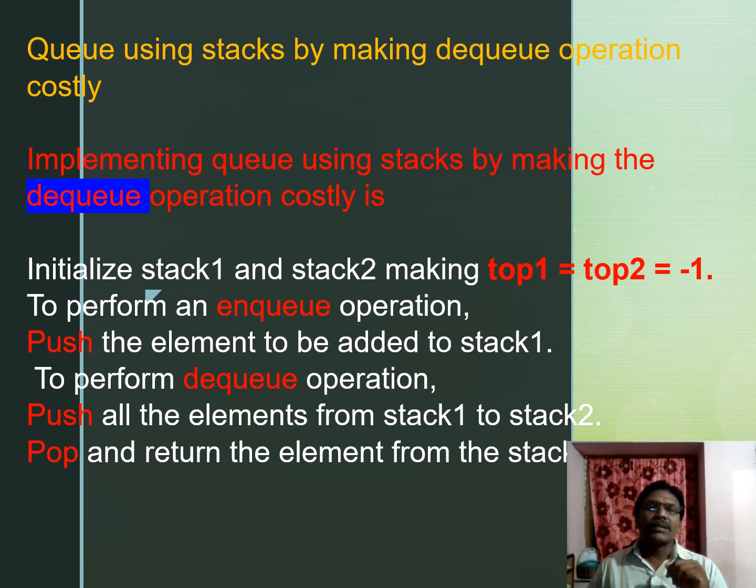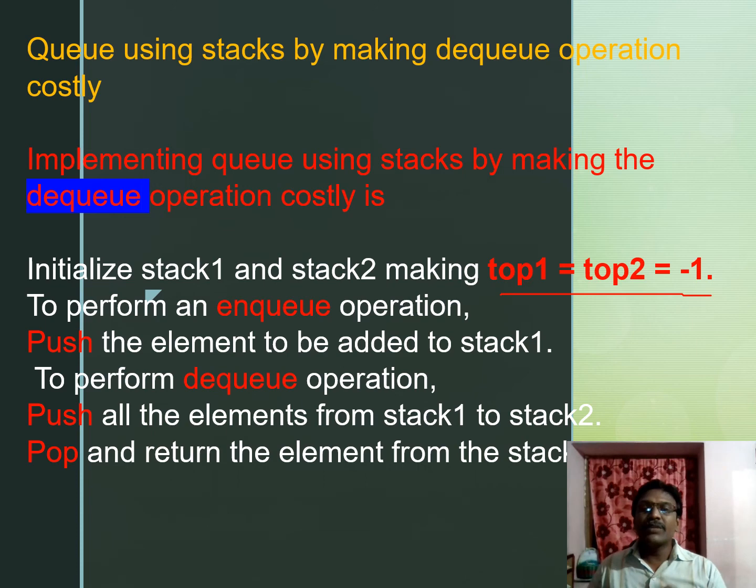Another way is queue using stack by making the dequeue operation costly. Initialize stack 1 and stack 2, making top1 equal to top2 equal to minus 1. By default, the initial state is minus 1. To perform an enqueue operation, push the element to be added onto stack 1.